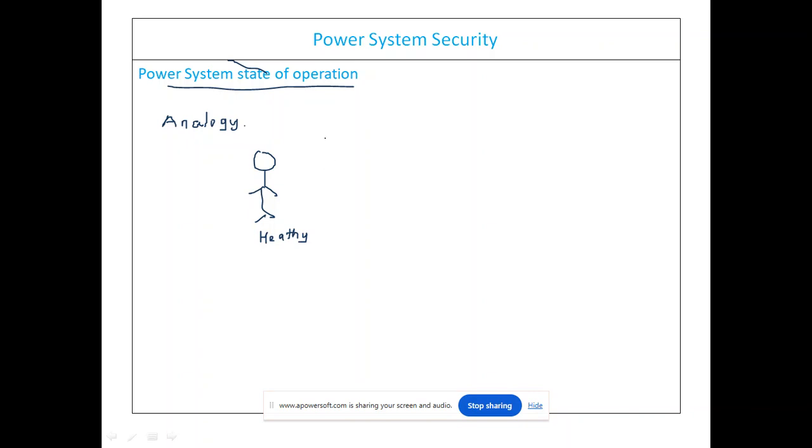Now, suppose if some infection takes to him, viral or anything like that, and if his immunity power is very strong, and even after getting infection, if he still remains healthy, then we'll say that he is very fit, is in very normal state.